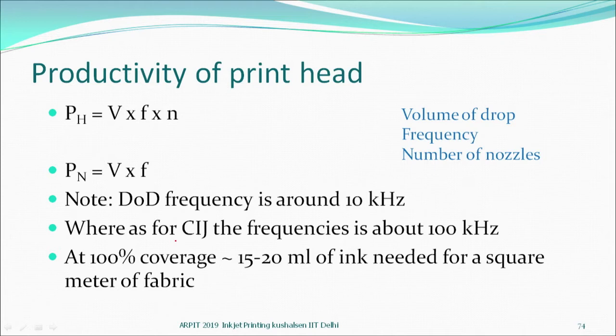So, in general, we may say that if you want 100% coverage, which obviously nobody does, as design is only a part of the whole surface, but if you do 100% coverage, we expect about 15 to 20 milliliters of ink per square meter for fabric. That means you do not require too much. The ink is costly, but you do not require too much. Think of that, per square meter only 15-20 ml.